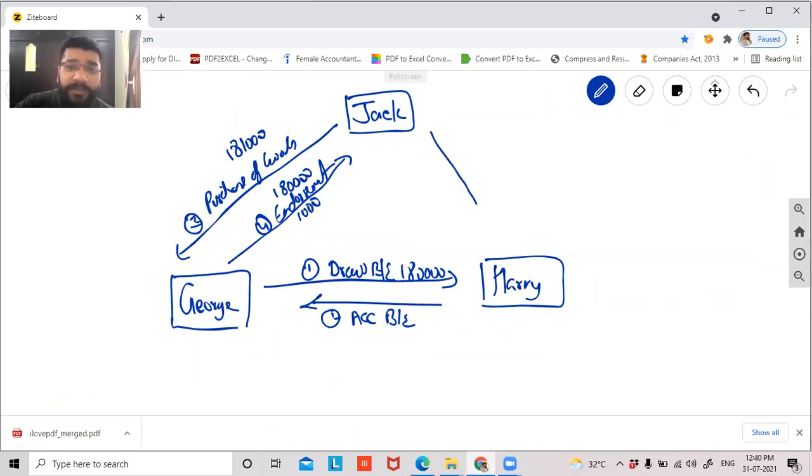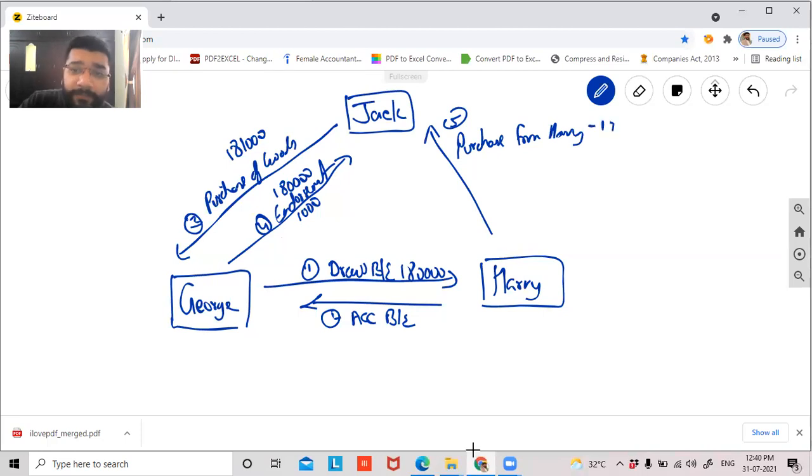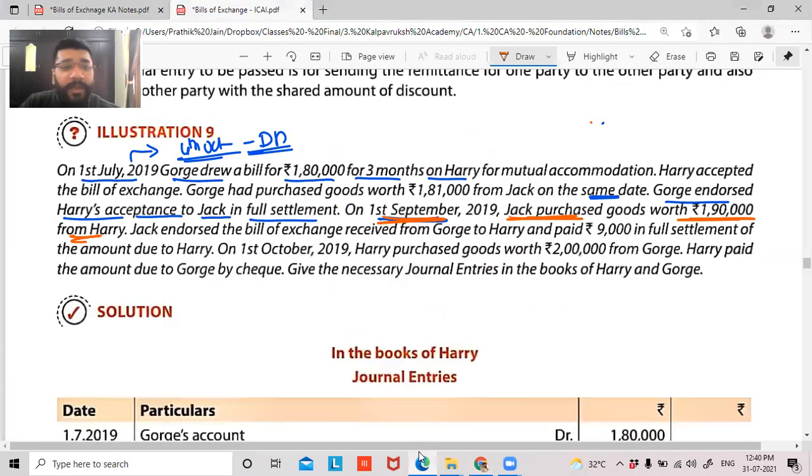So Jack is receiving the goods from Harry. This is the 5th transaction, purchase from Harry, and the goods worth is 1,90,000.